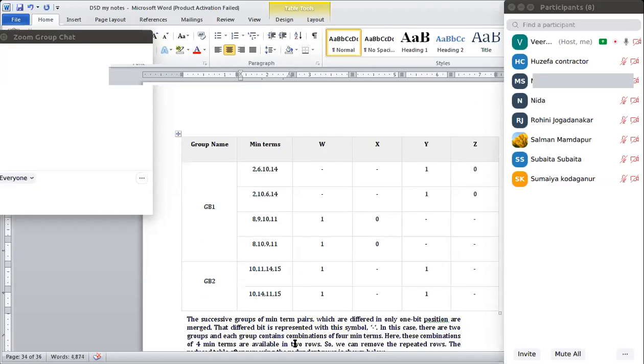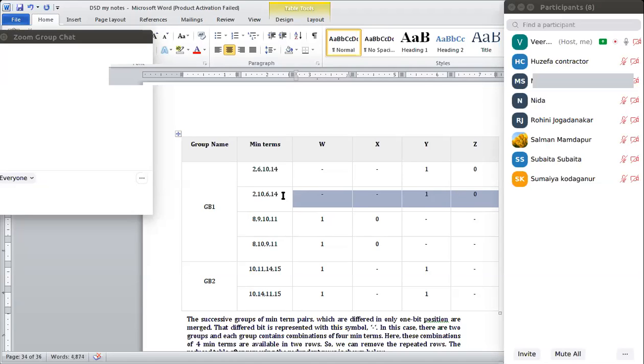Now here the minterms are repeatedly written, right? 2, 6, 10, 14 or 2, 10, 6, 14, both are same, right? Even the binary number, the bits are also same. So I am going to merge them.